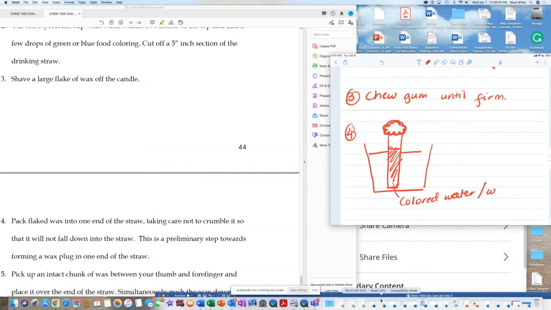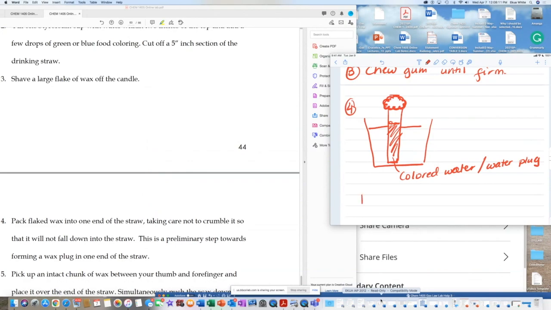This would be a water plug, preventing the trapped gas from escaping. And on the top, you have the gum.